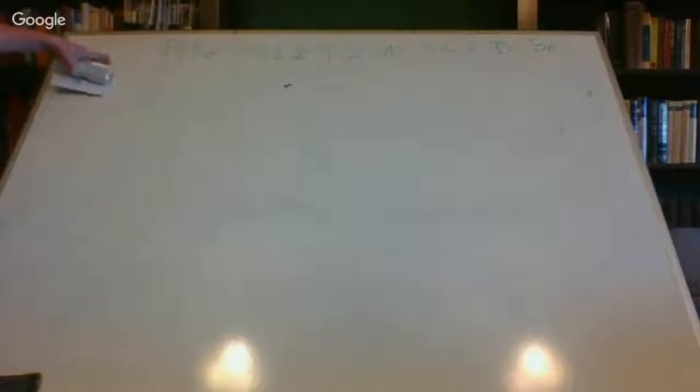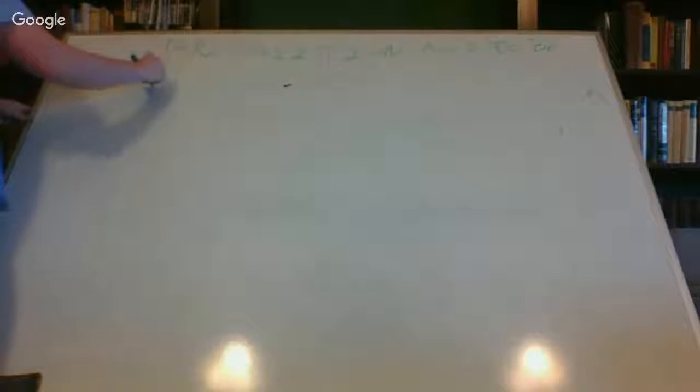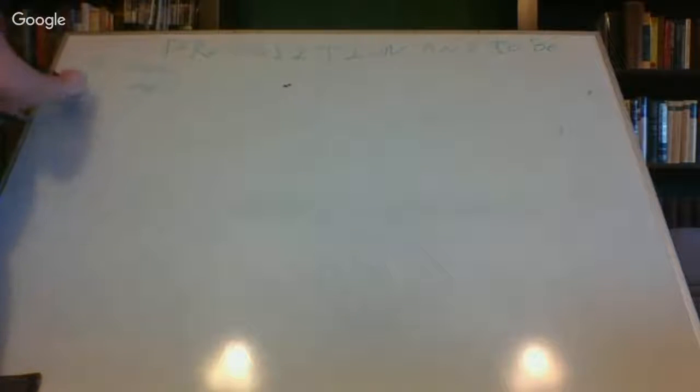So now we're going to look at the to be verb. What is the to be verb? Do you guys know? Let's just write it out in English. So I am. You are. He, she, it is.